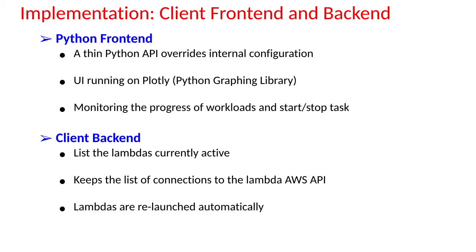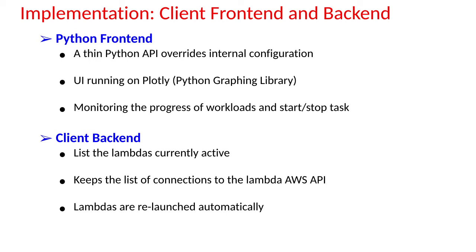So let's see the client frontend and backend implementation. The Python frontend uses a thin Python API that overrides the Python internal configuration. Then there is a UI running on Plotly. Plotly is a graphing library provided for Python. The UI for the frontend also provides monitoring of the progress of workloads and tasks like start and stop.